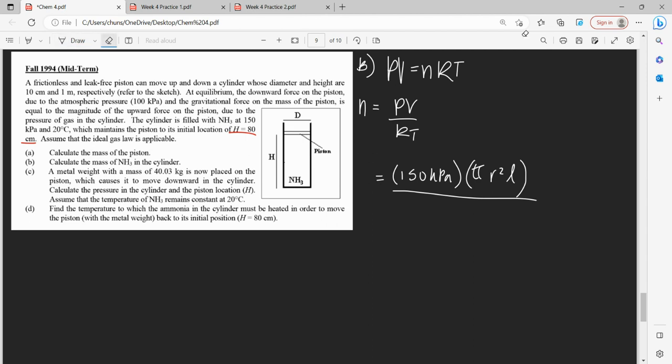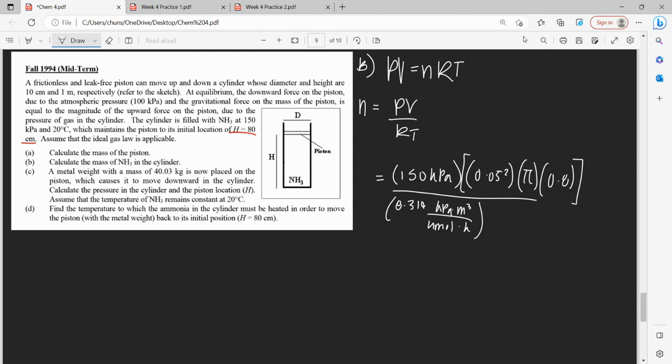And then this is over, actually, you know what, let's solve for this right now. So our volume is 0.05 squared, our radius, times pi times our height, which is 0.8 meters. Then we can do 8.314 kilopascals meters cubed over kilomoles per Kelvin.